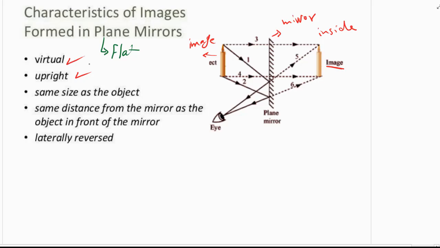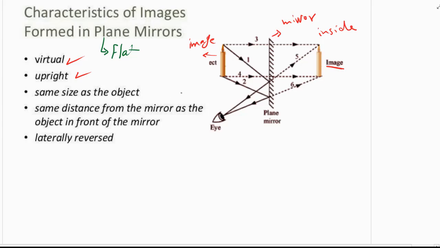Also, it's a virtual image, not a real image. Virtual here means it's not a real image. Also, the image has the same size and the same height. So if you look at yourself in a mirror, you will find you still have the same size. Your image has the same size.